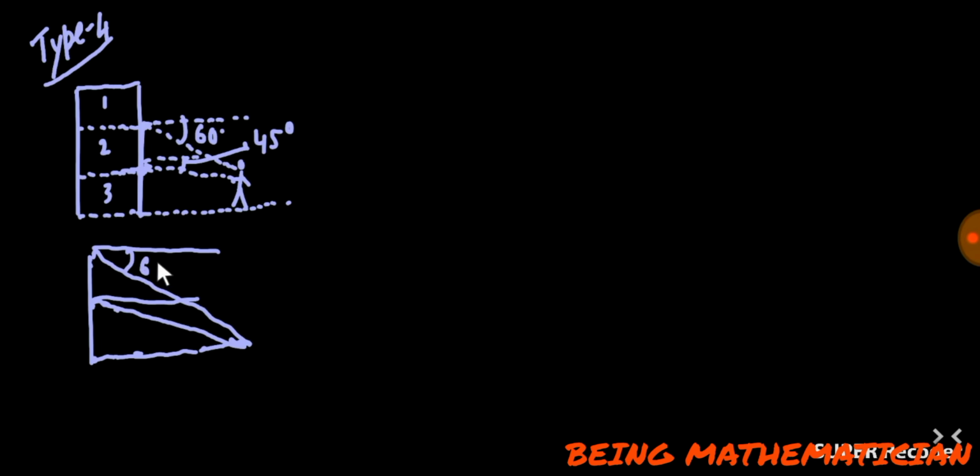This angle is 60 degree, so this angle will be 60 degree because the angles are alternate angles, and this angle is 45 degree, so this angle will be 45 degree, and the distance between the person and the building is 10 meter. So find the distance between these two persons.